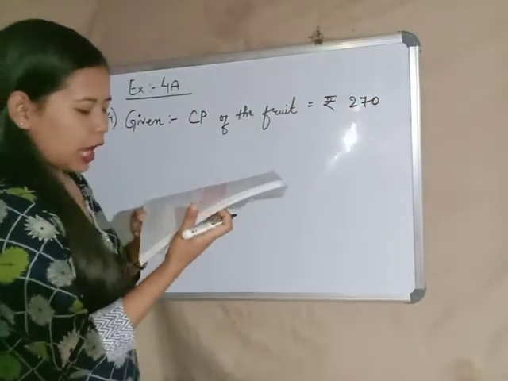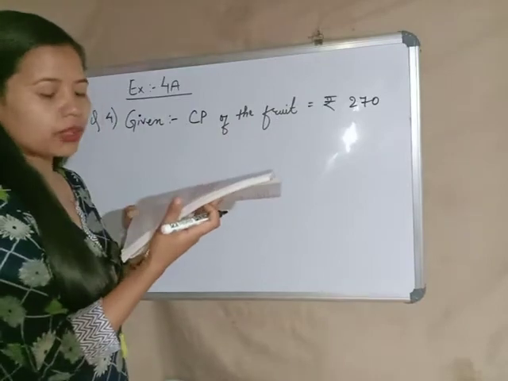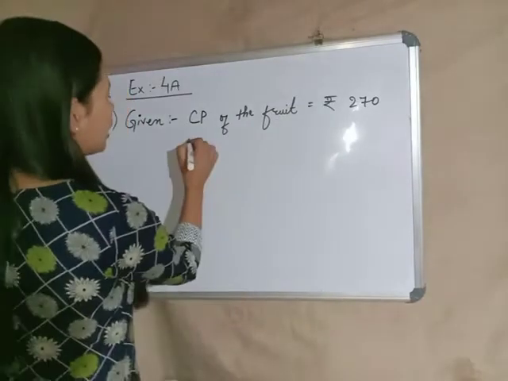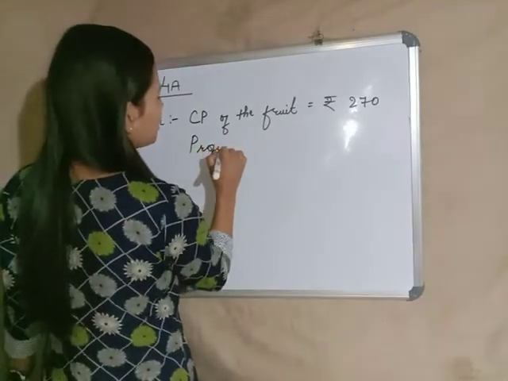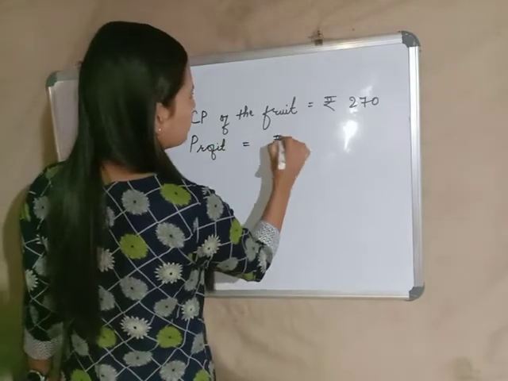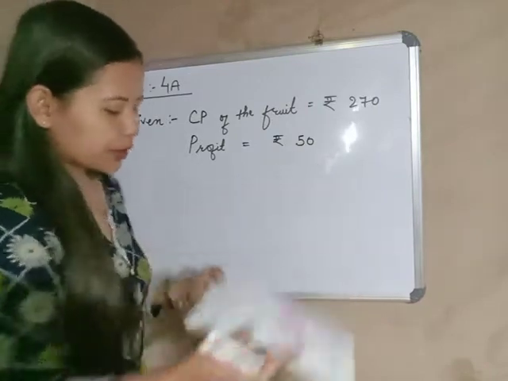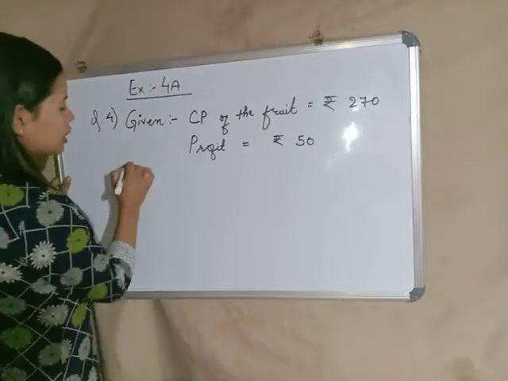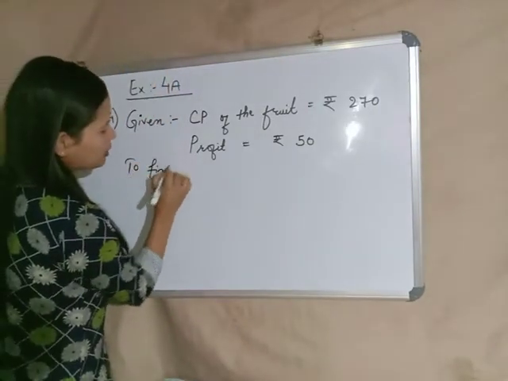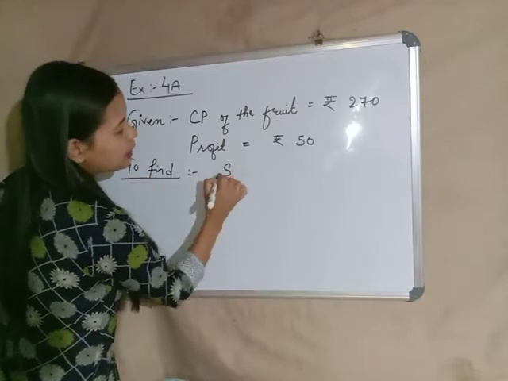Now he intends to make a profit of rupees 50, so it's directly given that the profit is equal to rupees 50, and the question says what should his selling price be. So we need to find the selling price.